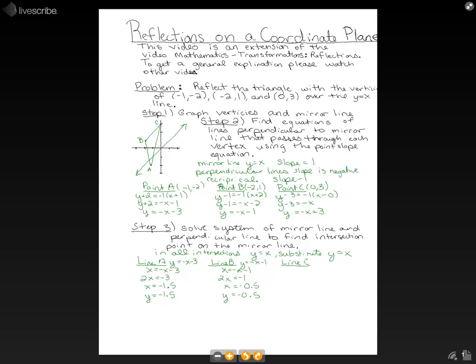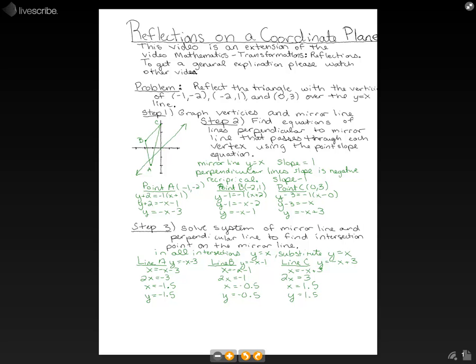For line C, do the same thing. We have our equation for line C to be y equals negative x plus 3. We do our substitution, we'll have x equals negative x plus 3. Add x to both sides, we'll get 2x equals 3, x equals 1.5, and then therefore y equals 1.5.